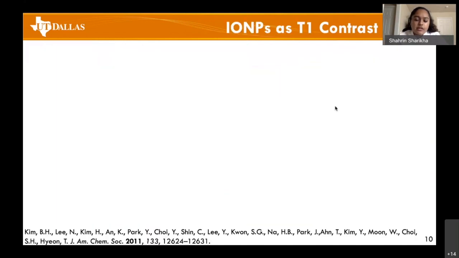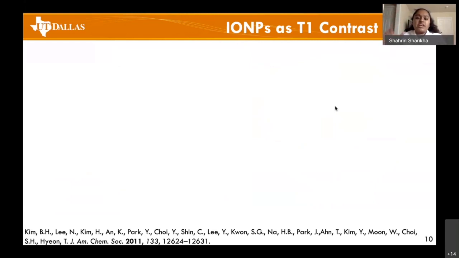So up until now, I've talked about these nanoparticles as T2 contrast agents. But there are some drawbacks to having T2 contrast agents in general because, with iron oxide, because of its superparamagnetic properties, it carries out something called the blooming effect, in which not only does it enhance the signal in the lesion or wherever it is, but it also affects its surrounding tissues.